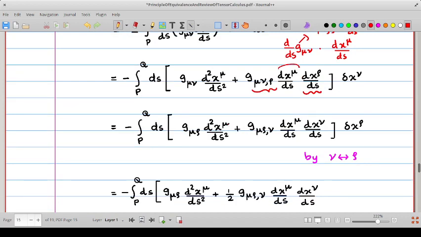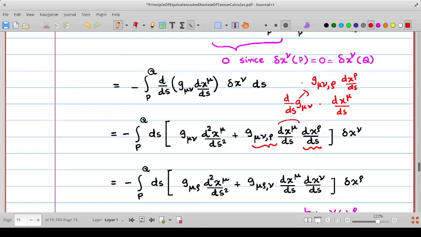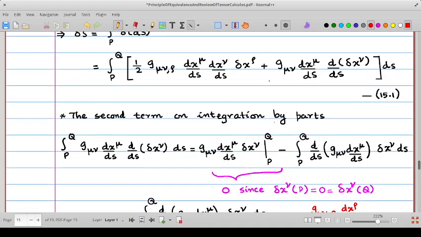Now, here we have delta x nu outside and this factor of dx mu by ds and dx rho by ds, and this has to be added to this term, which has a factor of delta x rho here and dx mu by ds times dx mu by ds.